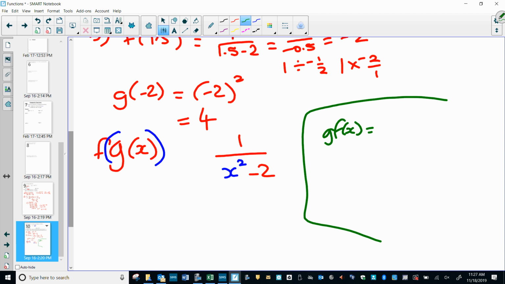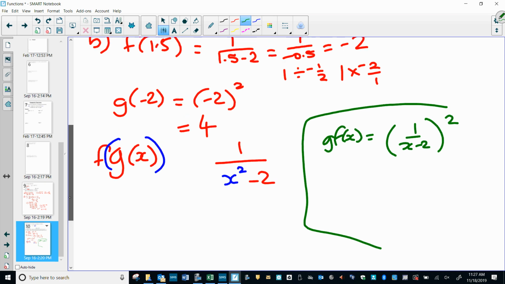Put the function of f into g. So what is the function of f? 1 over x minus 2. So we're going to have 1 over x minus 2, all squared. It's a funny old concept that people struggle with a little bit. Now, if you can simplify that, then go ahead and simplify it. I would suggest that it's not really any simpler if you expand it, but up to you.